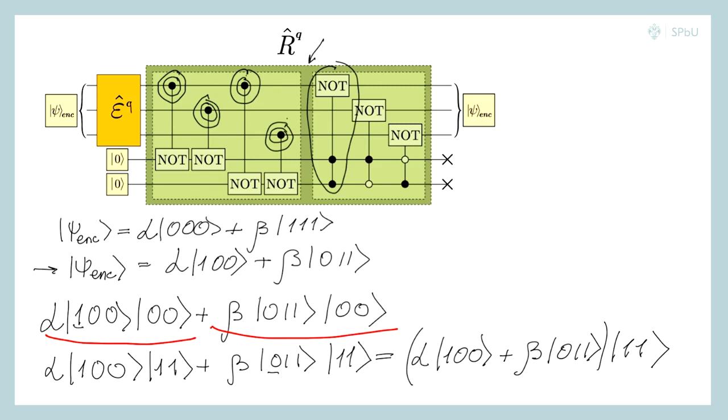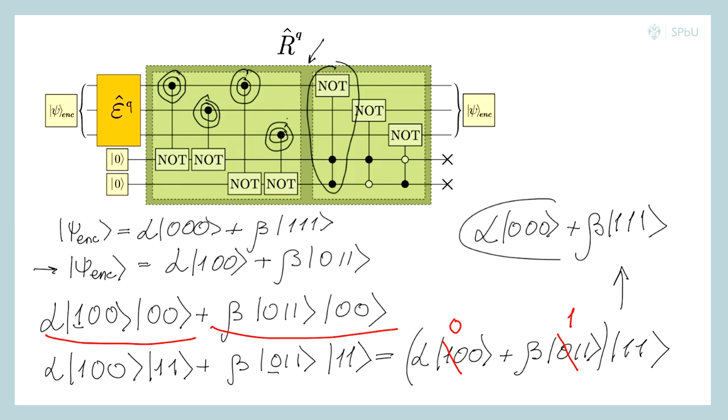Now the pair of auxiliary qubits act as the control ones. Since they are equal to 1, the first qubit will flip its state, and thus we'll have here 0, 1. And this turns it to alpha 000 plus beta 111.